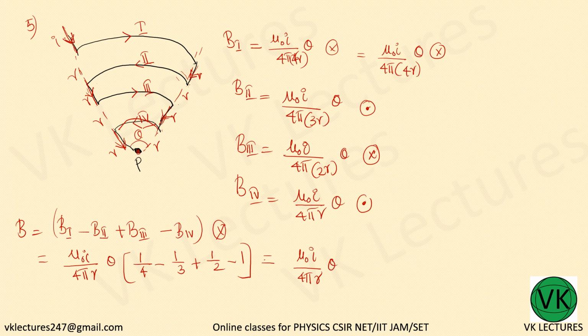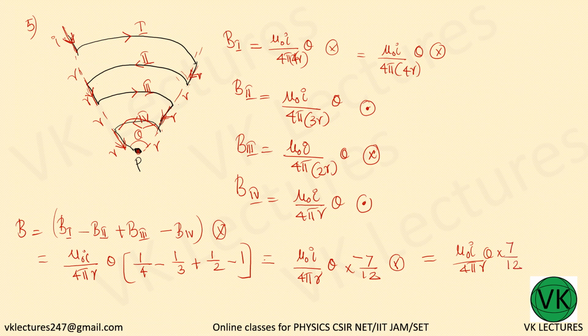When we solve this expression, we get minus 7 by 12, so into minus 7 by 12. Minus 7 by 12 we are getting, which means, what is the direction? Into the field, which means mu 0 I by 4 pi r into theta into 7 by 12.